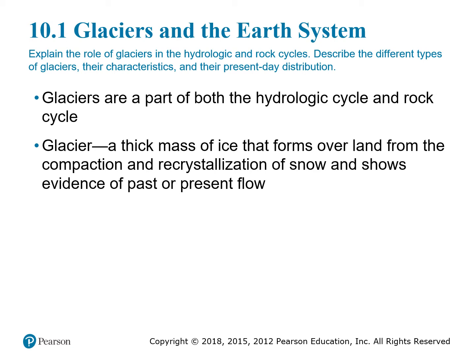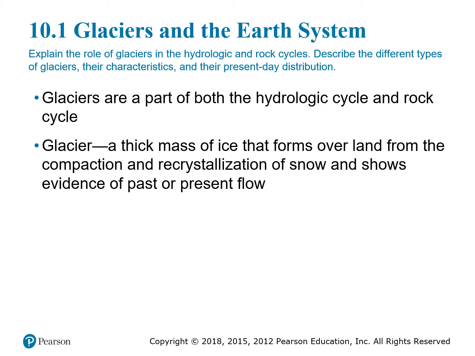But glaciers are also part of the rock cycle, and the reason is because glaciers are heavy, slow-moving masses of ice that, under the influence of gravity and the landscape that they happen to be in, will grind their way through the exposed rock on the Earth's surface, and that grinding causes a lot of different types of rock falls, and they scour the valleys and create a lot of sediment.